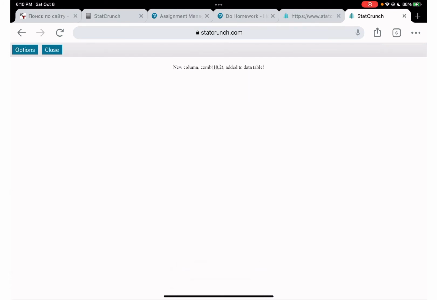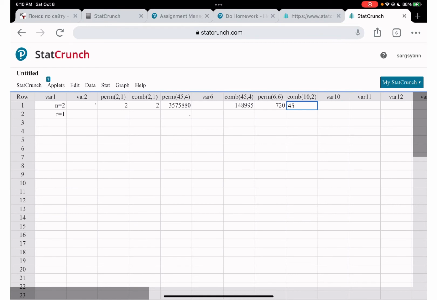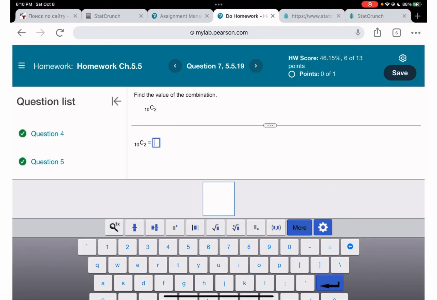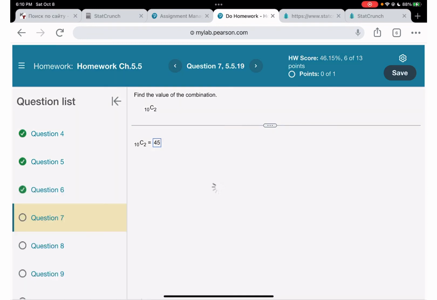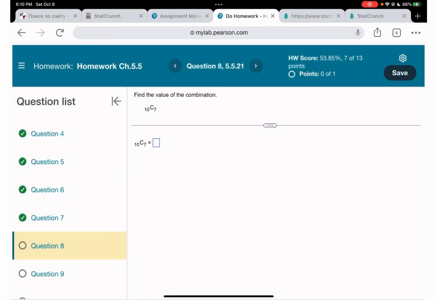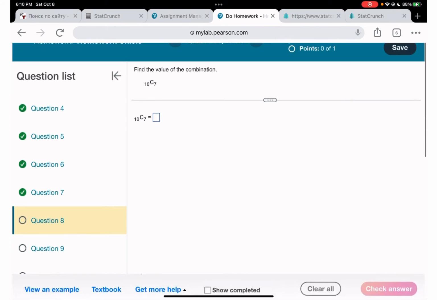Okay. 45, let's plug in. Bingo. Let's see what is the next question. Okay, you know how to do this one. Moving to number 9. Okay, you know how to do this one.